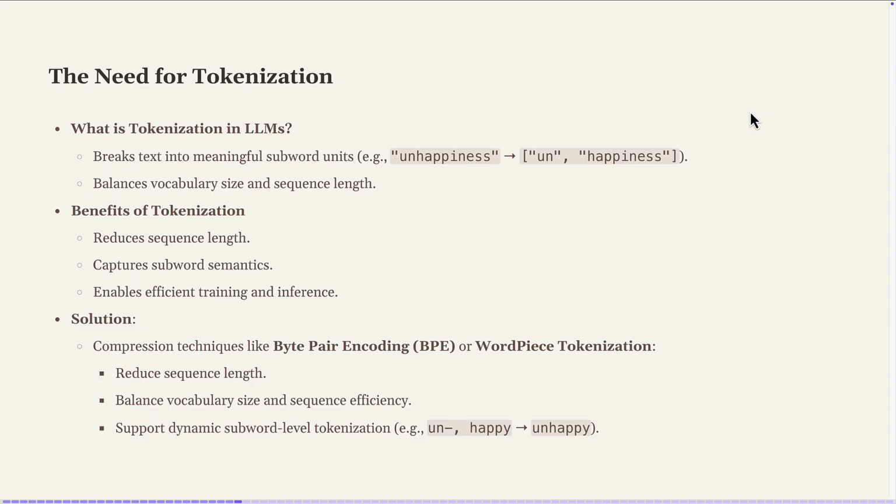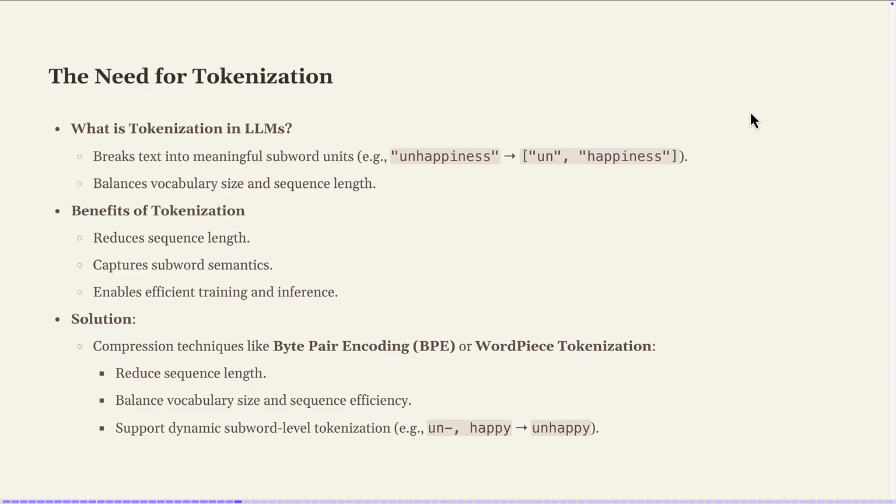Now it's happiness; sometimes you can decompose it into prefix and suffix for the same word, and this applies even to Arabic. So the benefit of tokenization should be to reduce the sequence length. A token can represent a more meaningful part of a sentence. It can capture subword semantics. That's another important aspect as well.